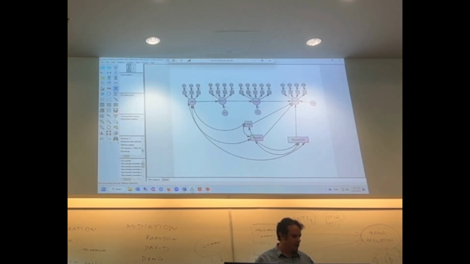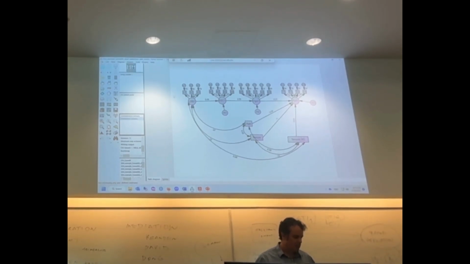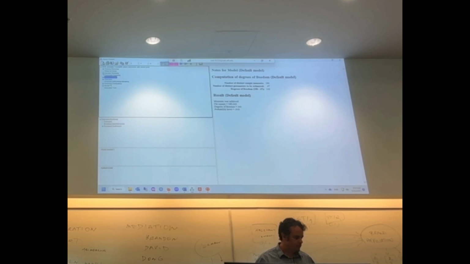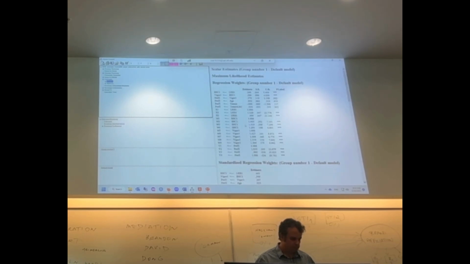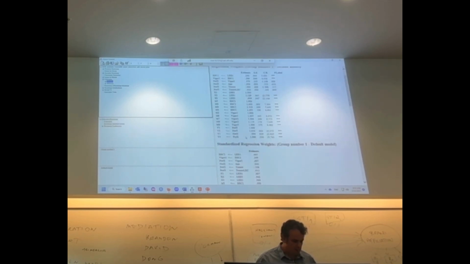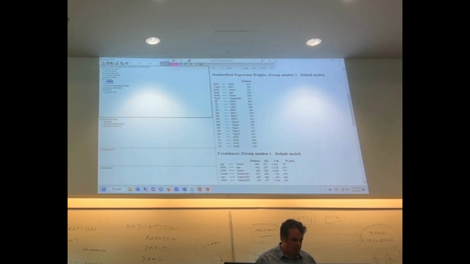So for example, let me run this again. If I wanted the composite reliability for LRB, these are the standardized factor loadings.